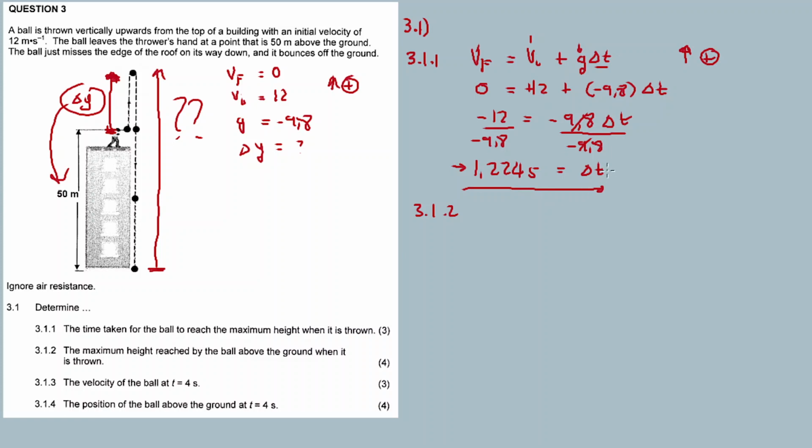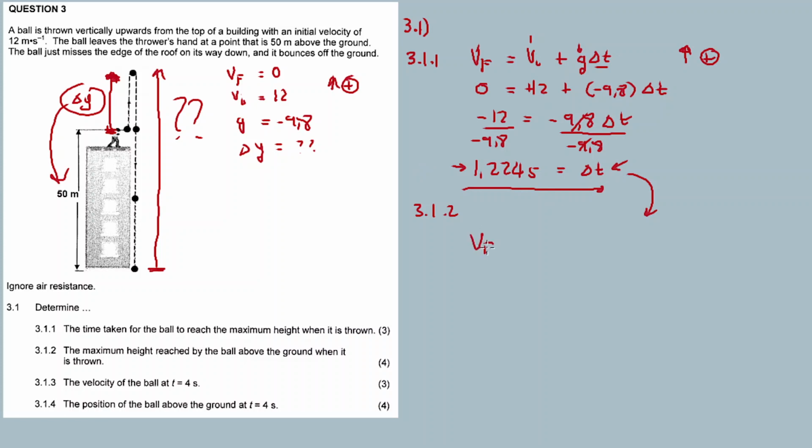Because my time could be wrong. But anyway, you can use the time if you want. Even if it is wrong, your calculation in 3.1.2 will be correct because they use positive marking, isn't it? Even if the answer above is wrong and you substitute it in the next question, you will get it correct. Alright, now delta y, but I won't use the time, I will use another formula.